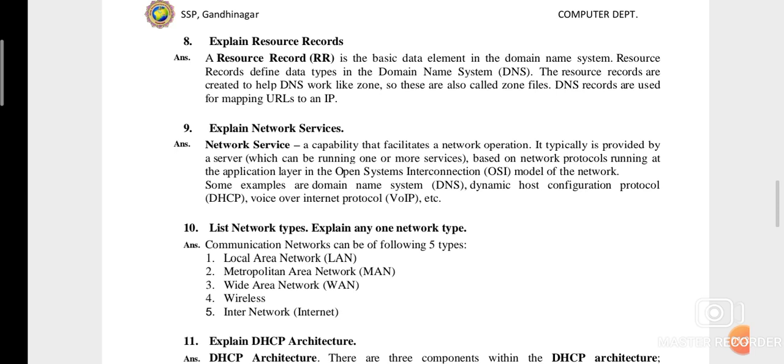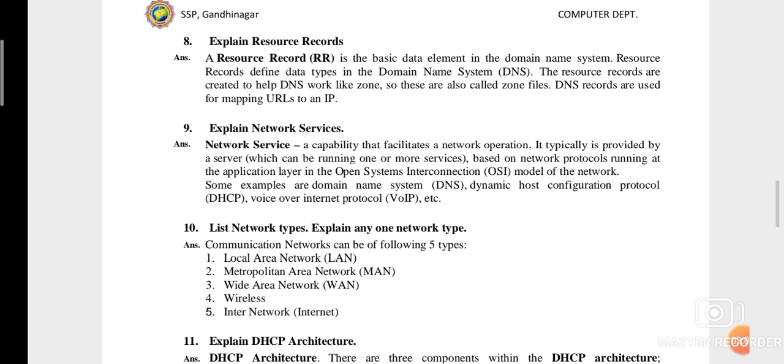Next question, explain network services. So network service is nothing but a capability that facilitates network operation. It is typically provided by a server which can be running one or more services based on network protocols running at the application layer in our open system interconnection, it means OSI.